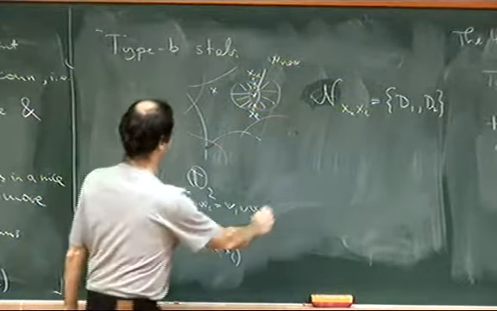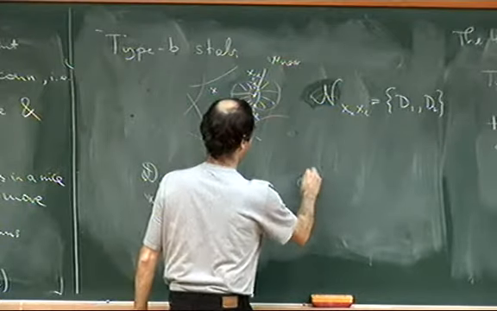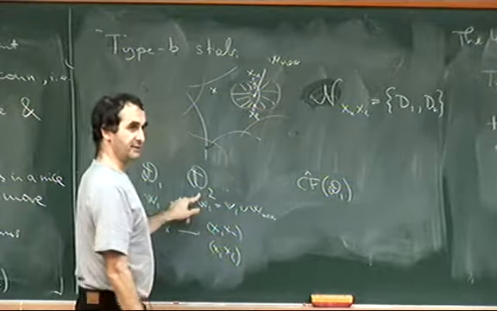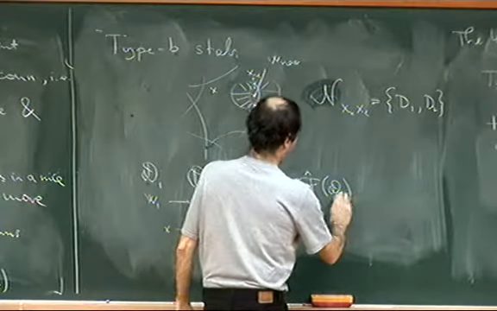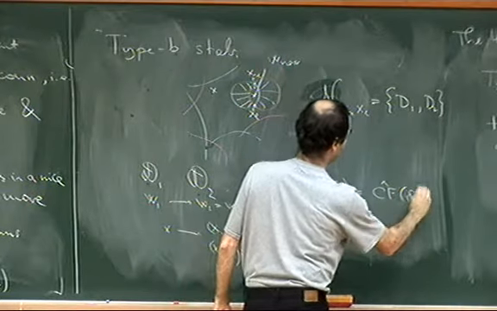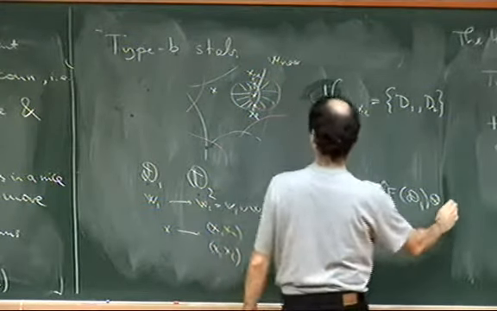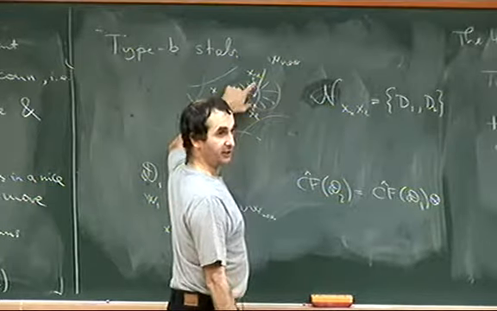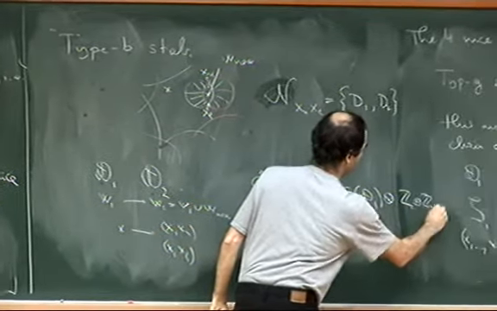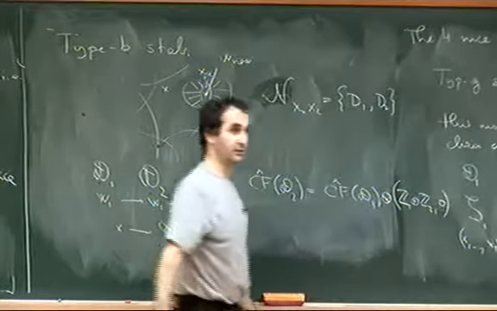So at the end of the day, we get that CF hat of D1, so that was the old complex, and the new D2 is the same as CF hat of D1 tensor these two generators, Z2 plus Z2, and the boundary map is 0.